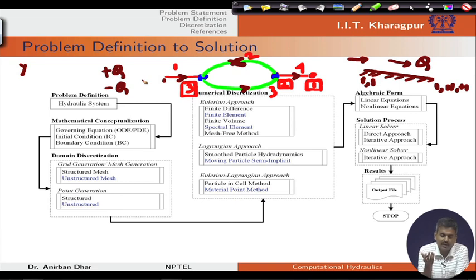If I consider that my flow in this small problem is from right to left, obviously I should get a minus q value at this location, because the original flow direction is from left to right.